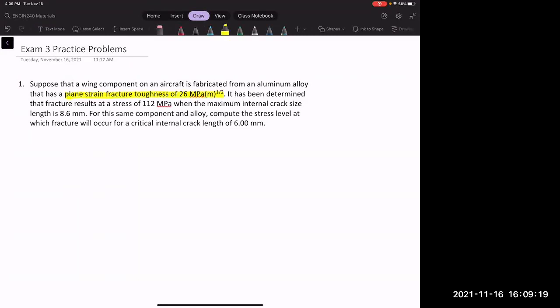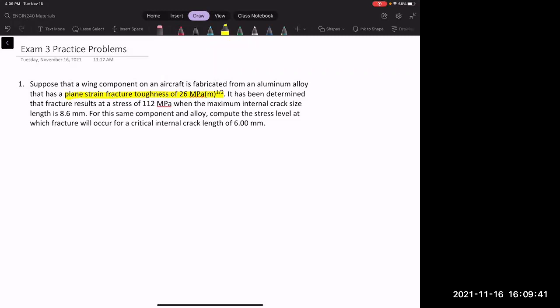The toughness represents how much energy the material can absorb during service. They give you this number, and you need to know the definition of the plane strain fracture toughness. That is the K1C.